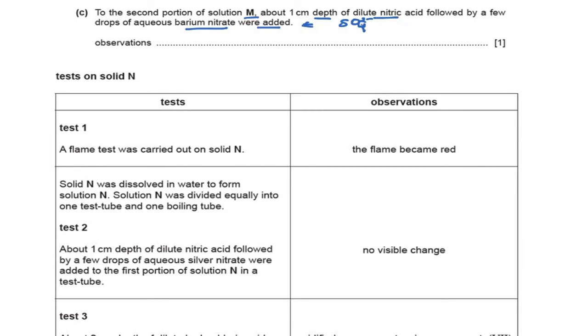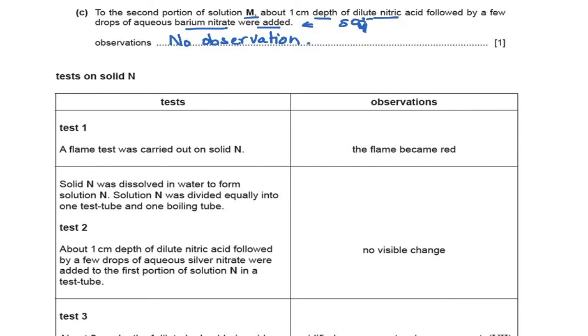As we know, in solution M it is iron 3 nitrate, it's not a sulfate. So here we won't get any result. So we can say no observation, or no change, or no precipitate. We can write anything. So here no observation because the test of sulfate won't be given by iron 3 nitrate.